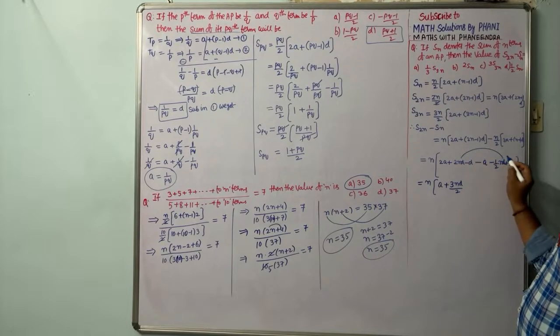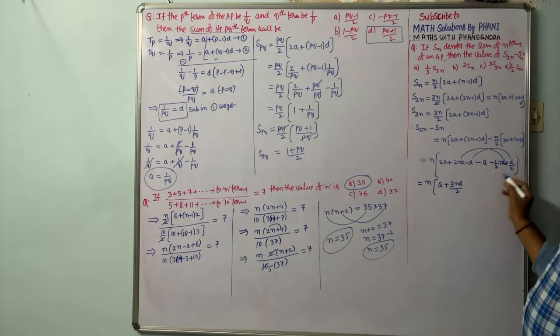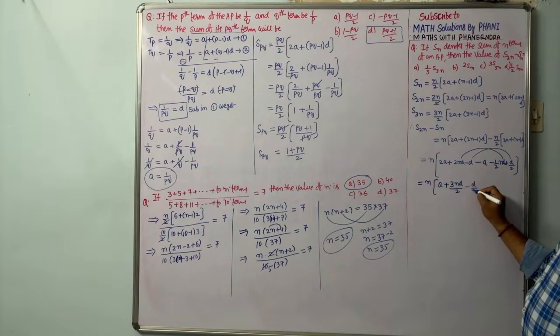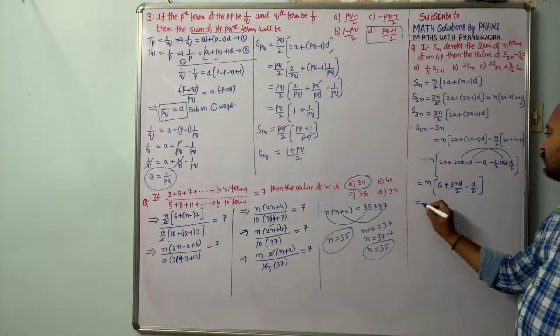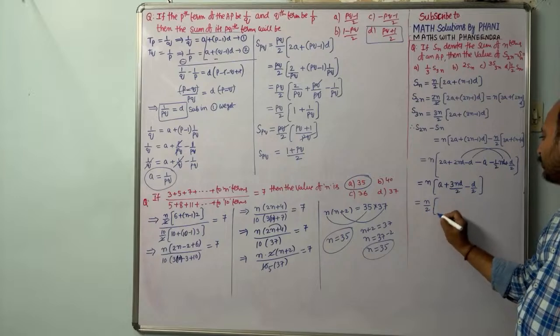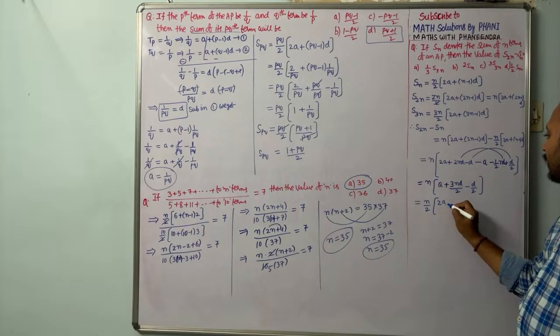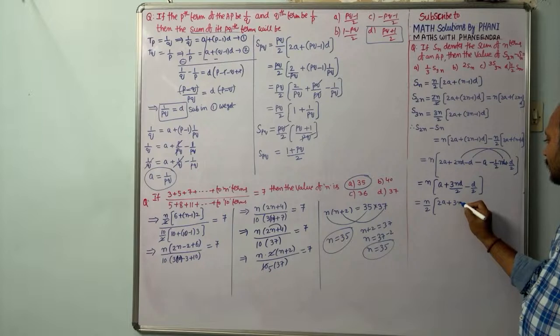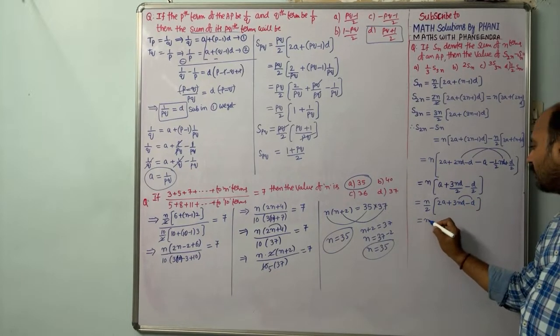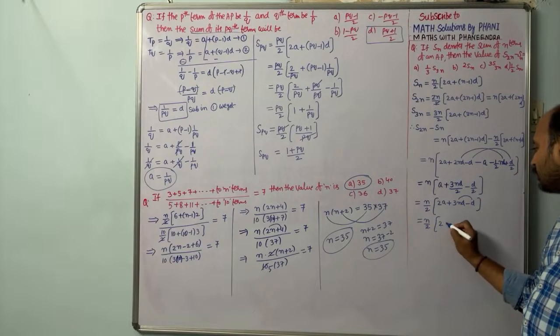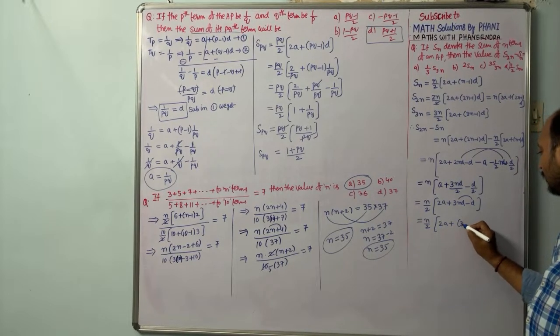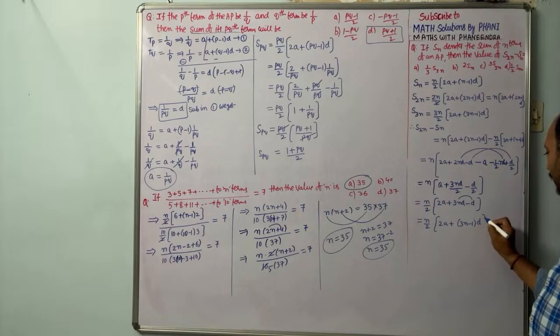So these two will be over. Next minus d plus d by 2 is minus d by 2. So take LCM, n by 2, 2a plus 3nd minus d. From these two, n by 2, 2a plus 3n minus 1 into d.